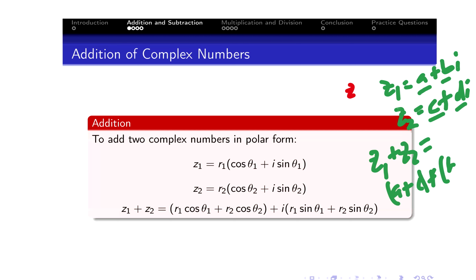So this is the real part and this is the complex part. That kind of idea is what we use in this situation.